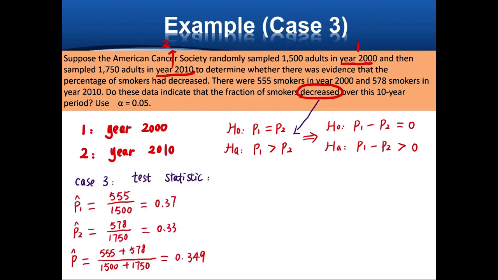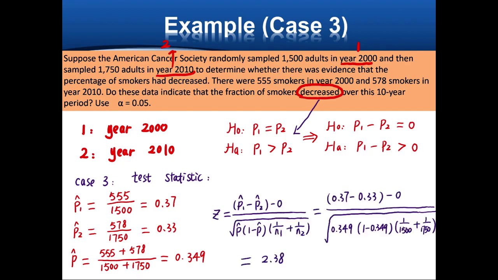So usually, I recommend you calculate P1 hat, P2 hat, and also P hat first. After you calculate the results, input them in the test statistic formula. The test statistic formula will be a z-score, and the result is 2.38.